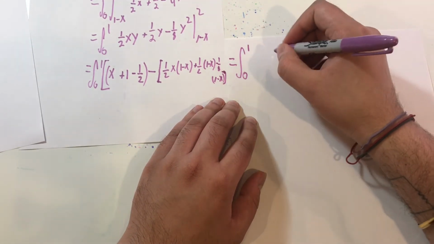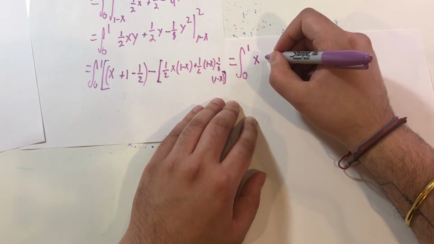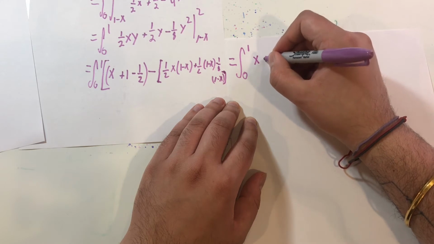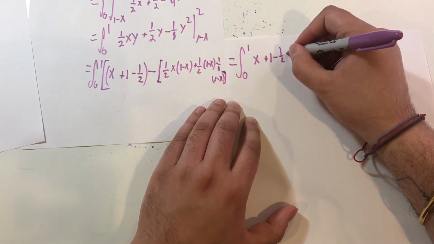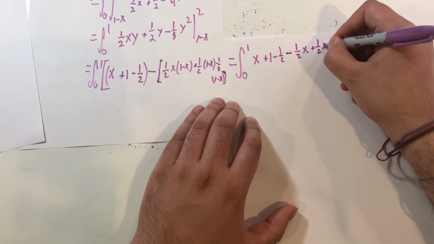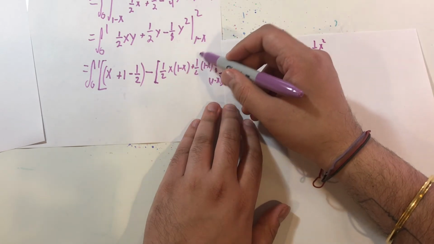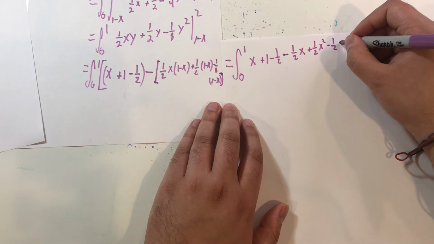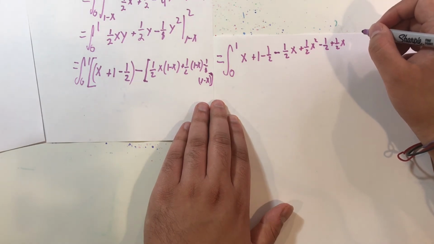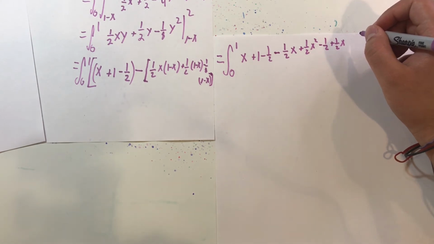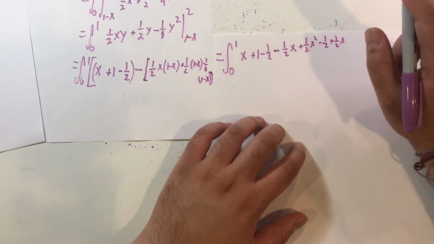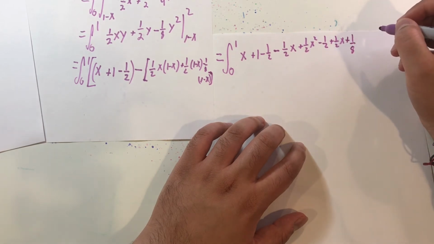Integral from 0 to 1 of x plus 1 minus 1 over 2 minus 1 over 2x plus 1 over 2x squared minus 1 over 2 plus 1 over 2x, and then a minus a plus 1 over 8, and then that whole thing is squared.